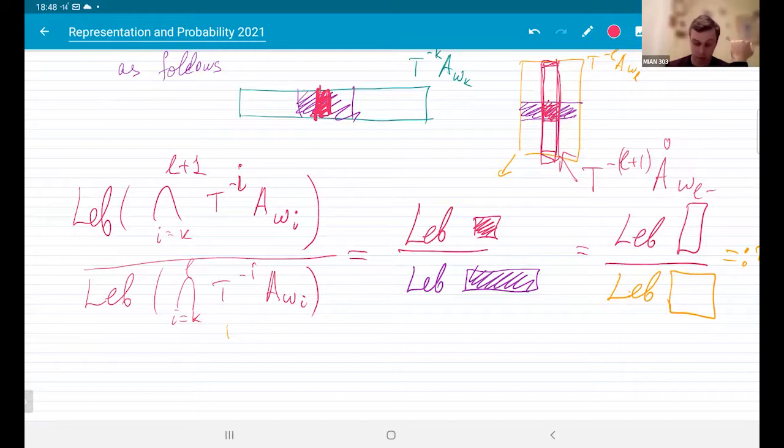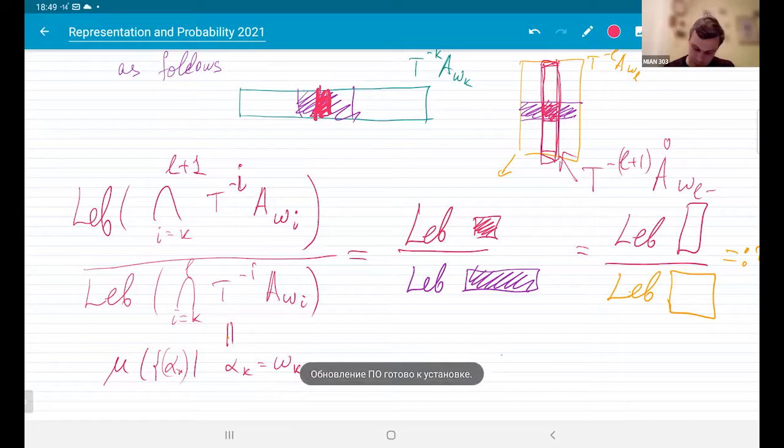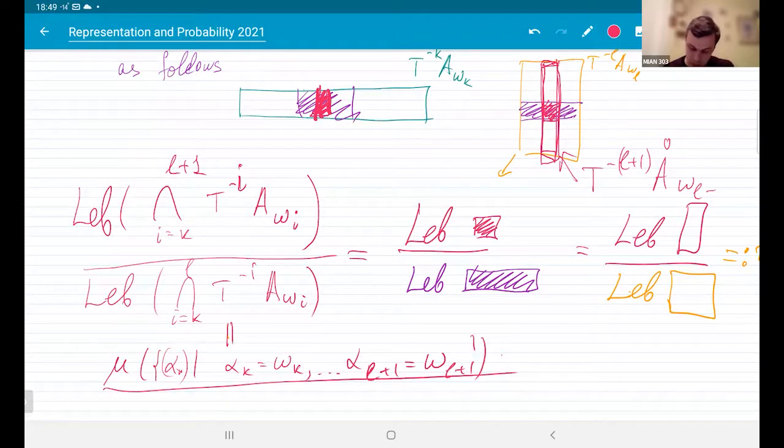So when we go upwards to our symbolic space, the space of sequences, we have the measure of the set of all sequences such that alpha k equals omega k and so on to alpha L plus 1 equals omega L plus 1, divided by the same for the set of sequences when we fix only these positions.